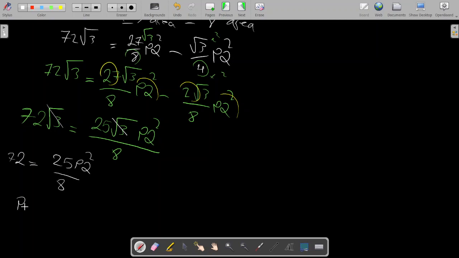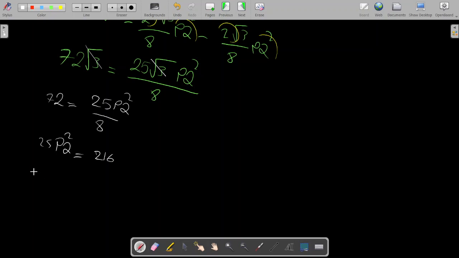Now the 25 PQ square is going to be equal to 8 multiplied in 27. It's going to be equal to 216.